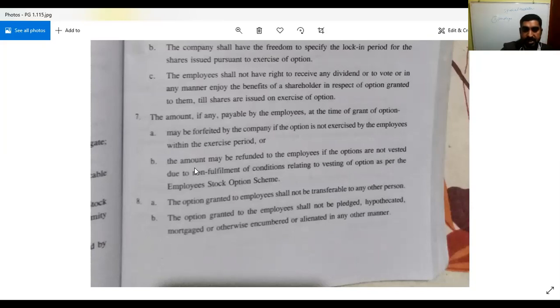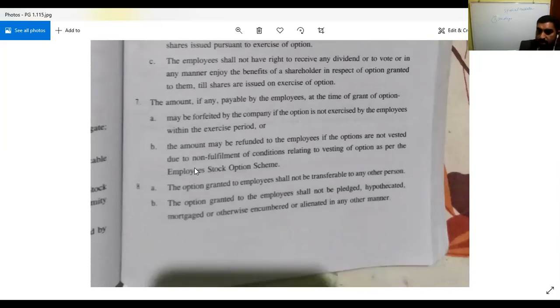Then the option granted to the employees shall not be transferable to any other person. അങ്ങനെ ഉള്ള ഒരു ഓപ്ഷൻ കൊടുത്തിട്ടുണ്ടെങ്കിൽ it shall not be transferred to any of the other persons. Then the options granted to the employees shall not be pledged, hypothecated, mortgaged or otherwise encumbered or alienated in any manner. യാതൊരുവിധ വെള്ളം ചേർക്കലും, അതായത് പ്ലഡ്ജ്ഡ് അല്ലെ ഹൈപ്പോത്തിക്കേറ്റഡ്, മറ്റൊരാൾക്ക് ഇത് കൊടുക്കുക, ട്രാൻസ്ഫർ ചെയ്യുക, മോർഗേജ് സെക്യൂരിറ്റി ആയിട്ട് കൊടുക്കുക, അമ്മാതിരി പരിപാടികളൊന്നും നടത്താൻ പാടില്ല. സോ ദാറ്റ് ഈസ് ദി 8th point.